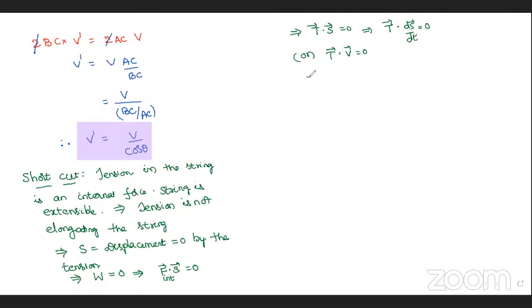One more time, if I differentiate, I will get T bar dot dv bar by dt equals 0. dv bar by dt is acceleration, so I will get T bar dot a bar equals 0. So all together, three shortcuts for the tension under those conditions.